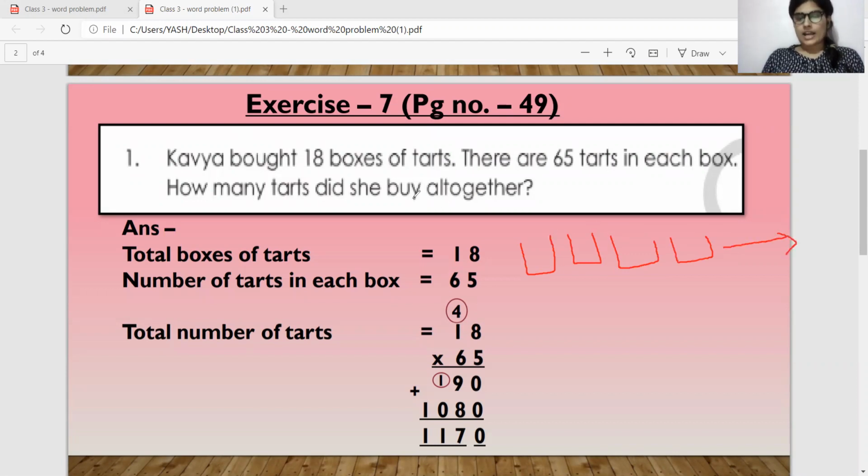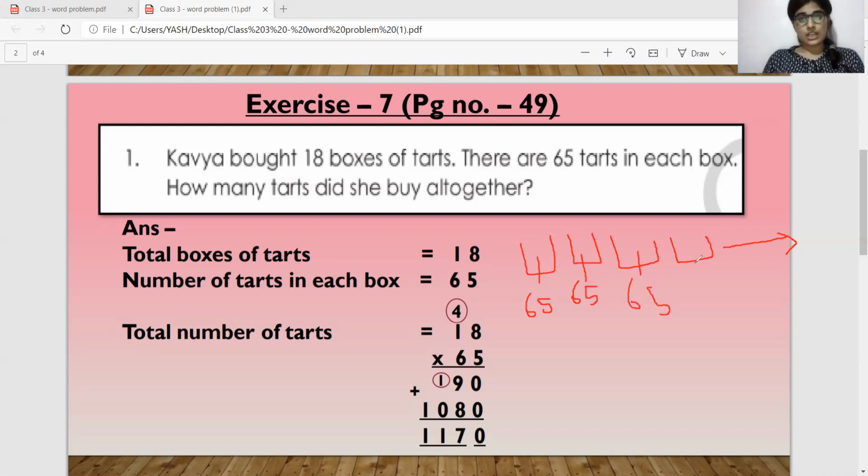Okay, and after this it is written there are 65 tarts in each box. In each box means in this box 65 tarts, like this. In this box also 65 tarts. In this box also 65 tarts.